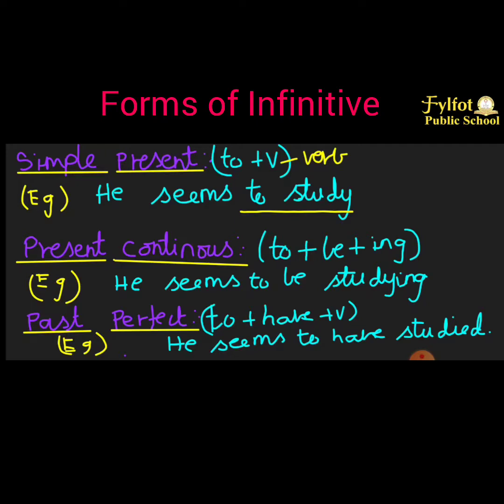Now the present continuous form is to plus be plus ing. Let's take an example. He seems to be studying. So in present continuous you add ing and also be. So, to be studying.